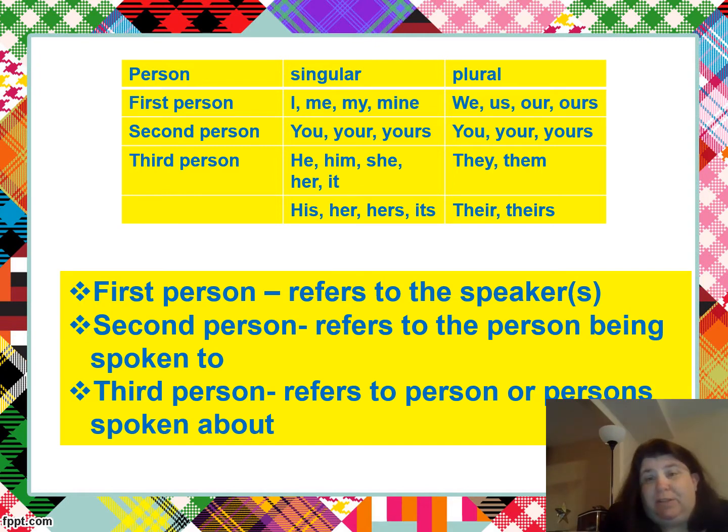Like, we went to the store. If I was not the person speaking, I would not say we. I would move to the second person and say, we went to your house, because I'm talking about the person being spoken to.